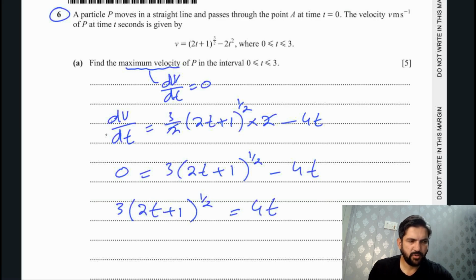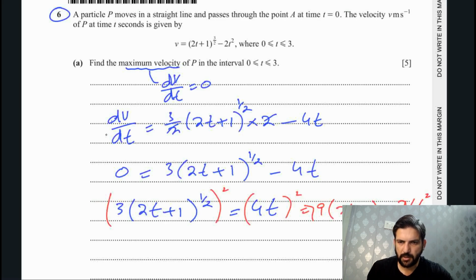Now take square on both sides, and we will get 9 into 2t plus 1 is equal to 16t squared.